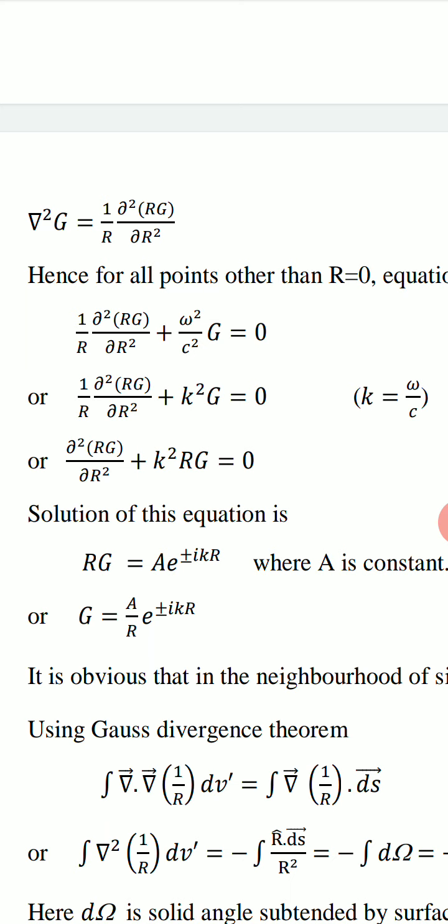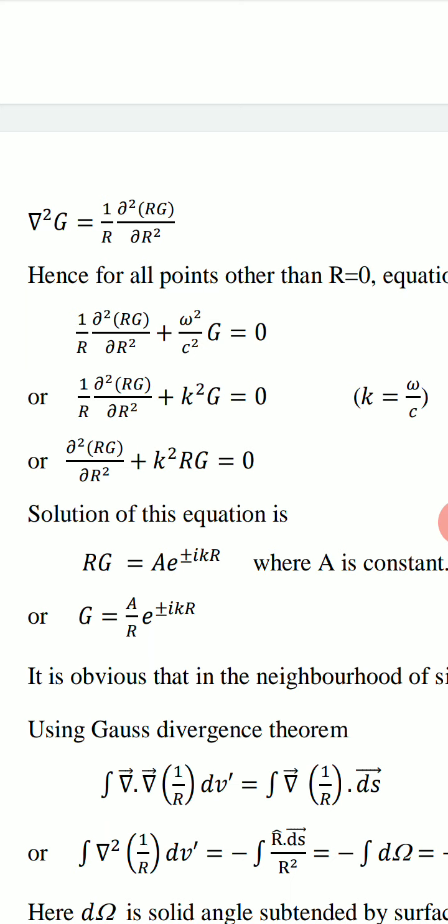In this equation, we have 2 times differentiation of rg with respect to r, and in the second term rg appears with k square.